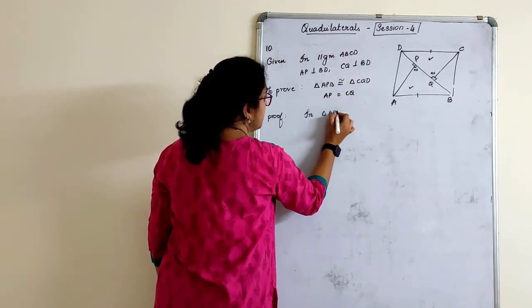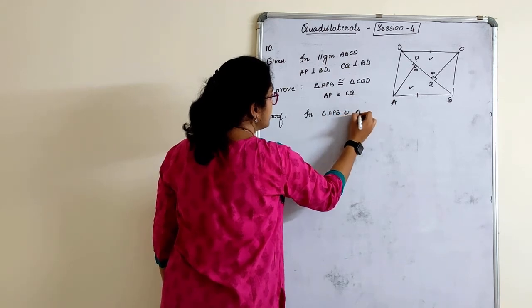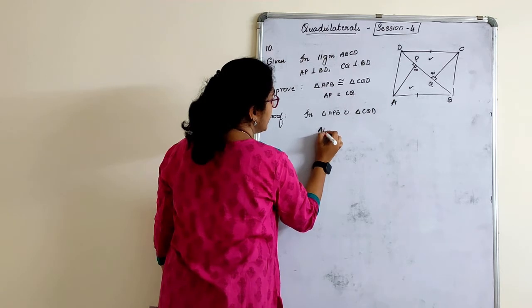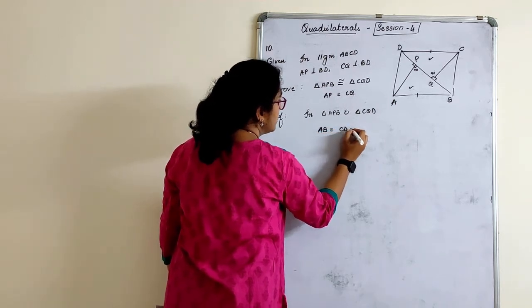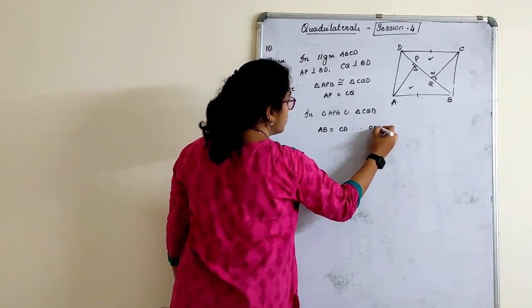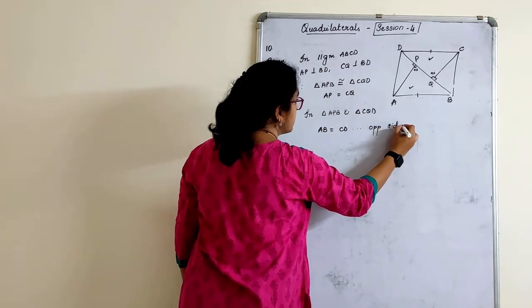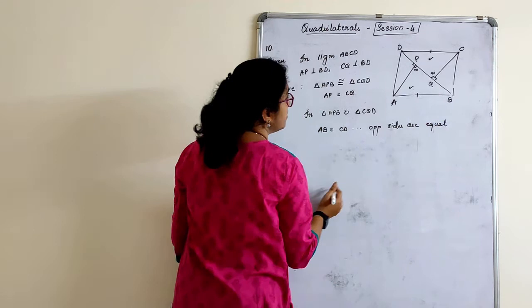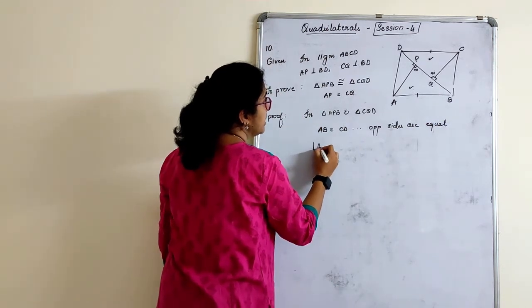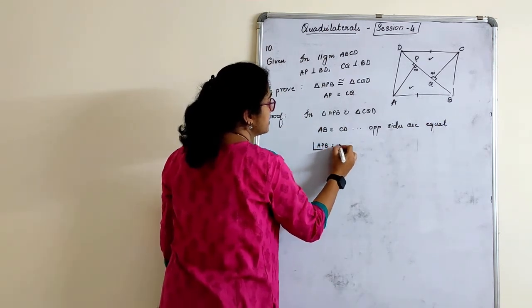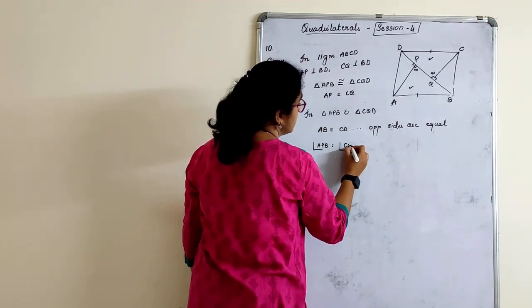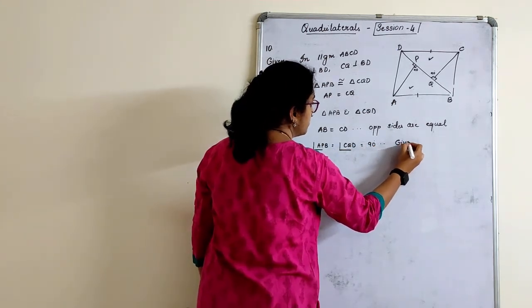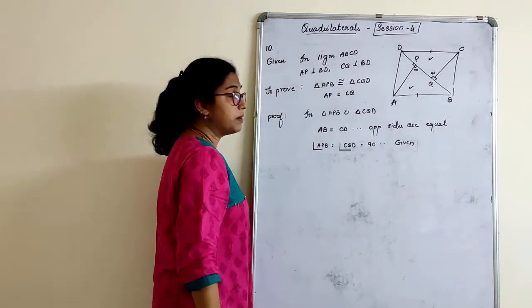In triangle APB and triangle CQD, first of all we have a side, AB is equal to CD, opposite sides are equal. Then angle APB is equal to angle CQD is equal to 90 degrees, given, because already we have mentioned it as perpendicular.